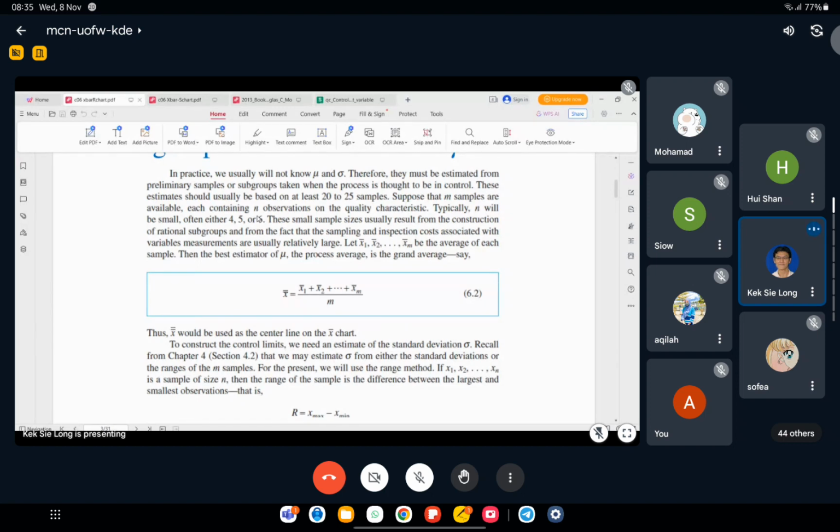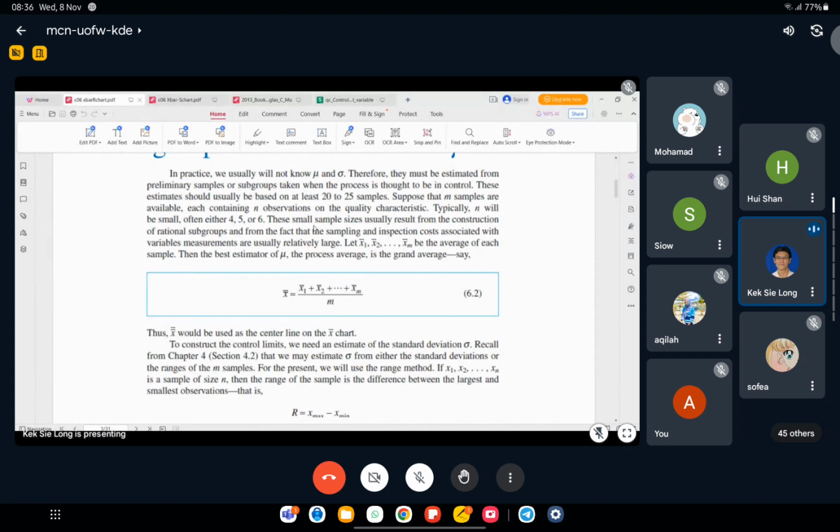Suppose not a problem. We can take more than 25. But for our syllabus, 20 to 25 samples actually is enough. And then regarding observation, n will be small. So this n refers to the observation 4, 5, 6. Okay, this is just a suggestion: 20 to 25, 4 to 6.